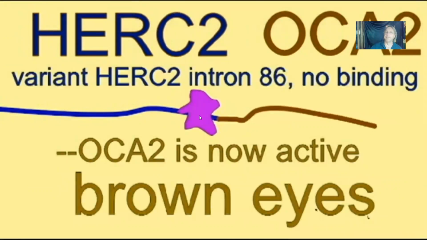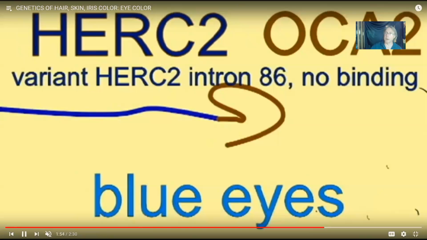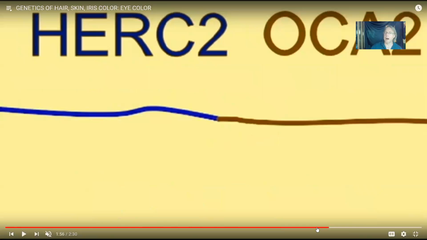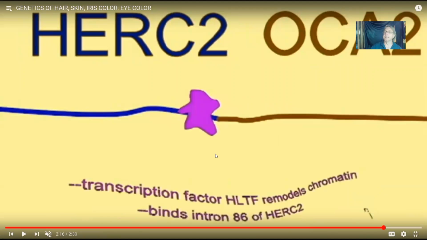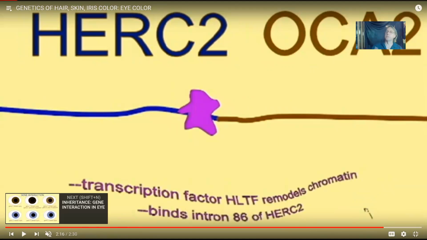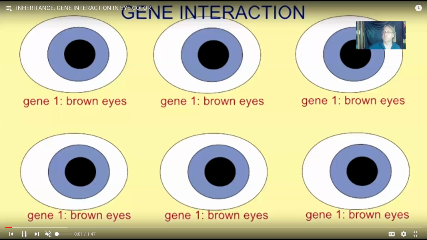But if there's a variant in HERC2, even though this gene isn't involved directly in making pigment, then that would prevent the remodeling of the chromatin, which would then prevent the production of brown eyes. So this is the major variation for brown versus blue eyes. And the change for blue eyes is a recessive mutation.